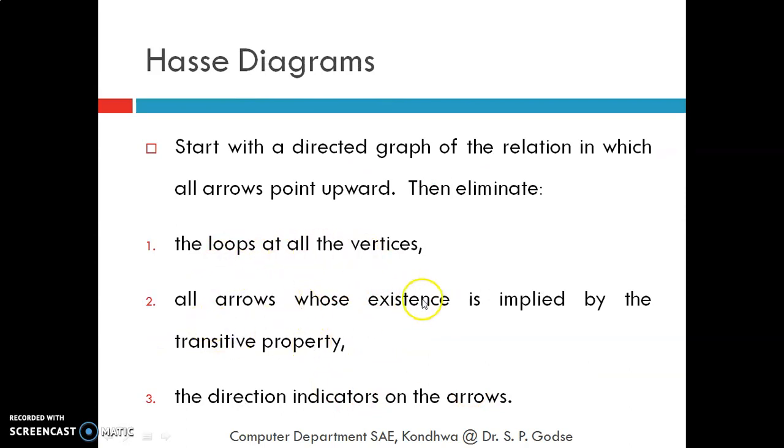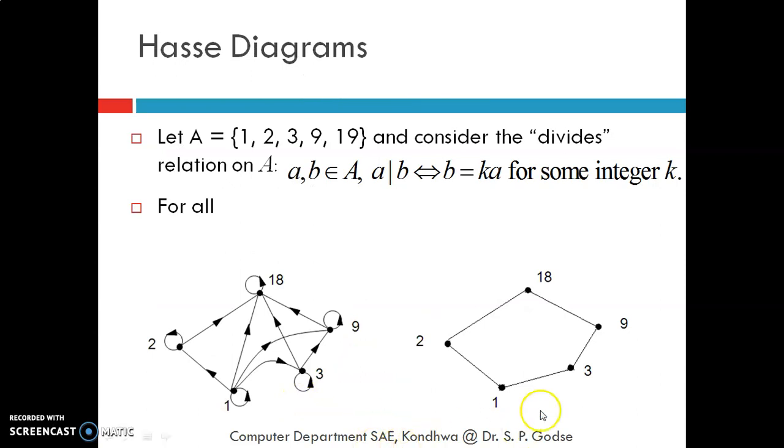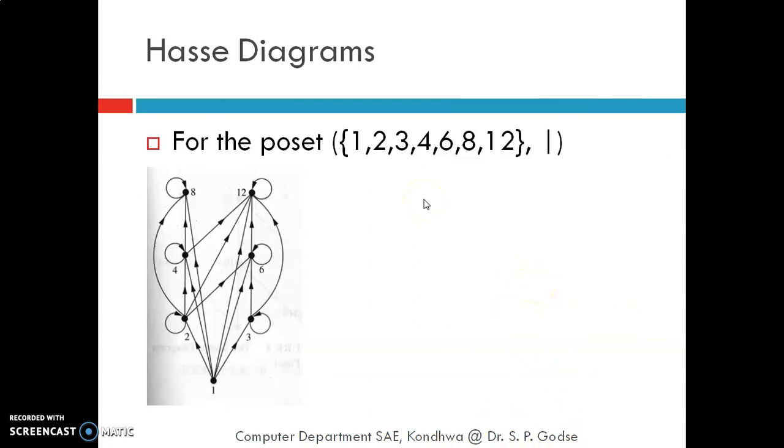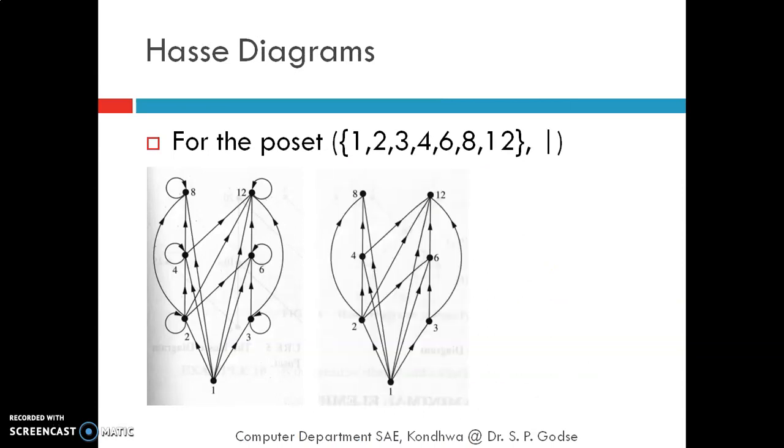Then the second step is that edges because of transitivity are removed, and third, arrows are removed. Then you will get this diagram, in the upward direction, meaning 1 divides 2, 2 divides 18, 1 divides 3, 3 divides 9, and 9 divides 18, in that fashion. So these are some examples of Hasse diagrams.